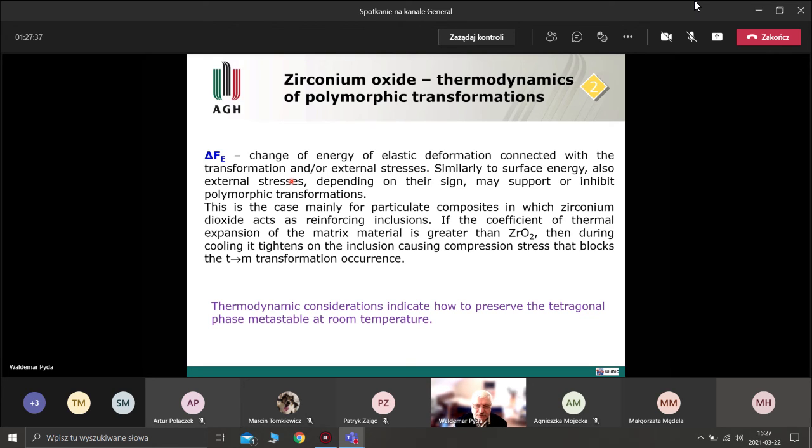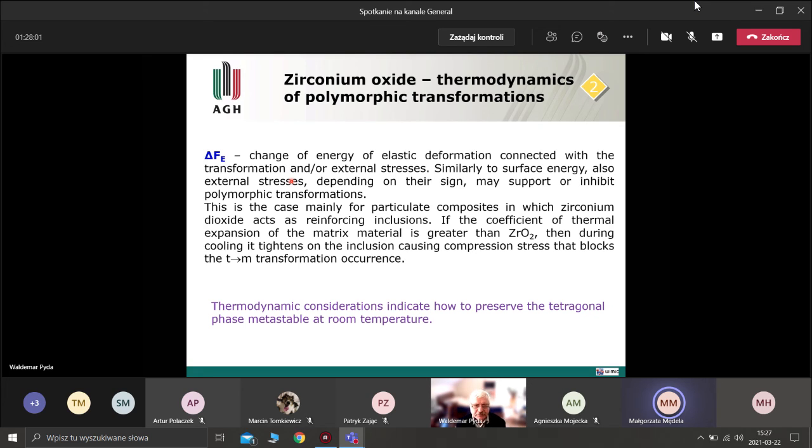The density of tetragonal is higher than the monoclinic. Yes. And the change is about, I don't remember the exact number, 4 or 5%.